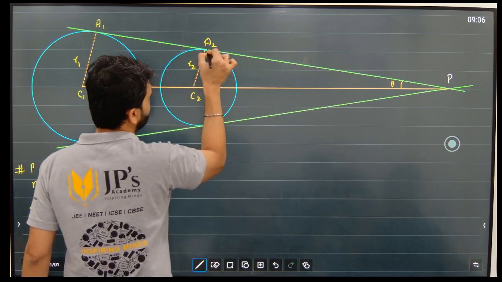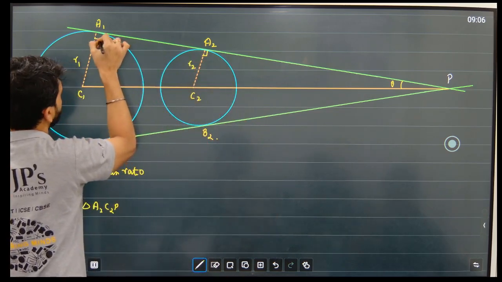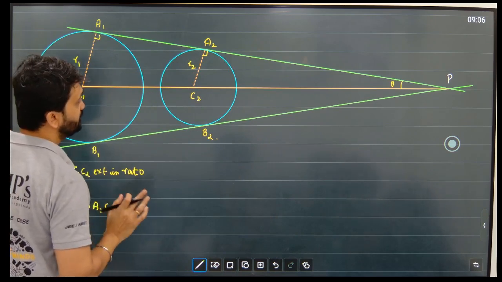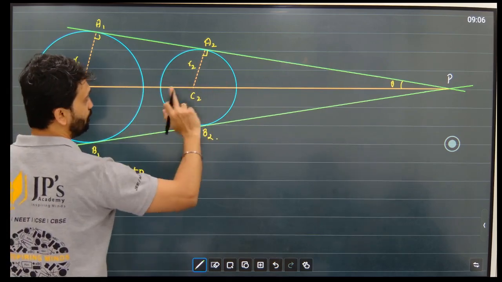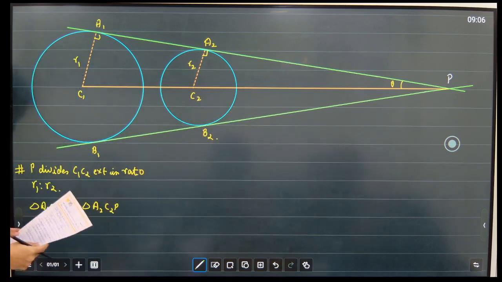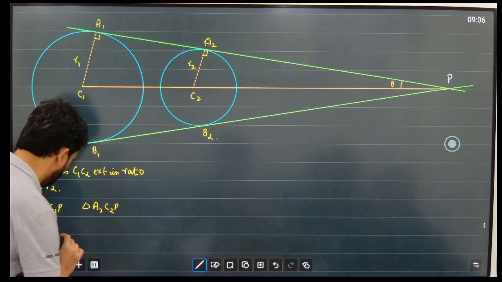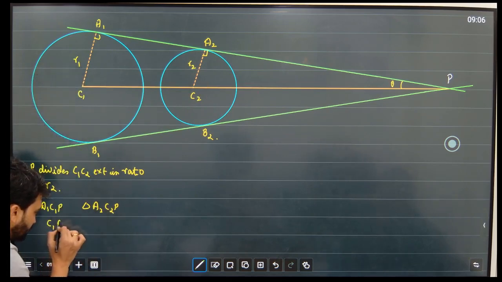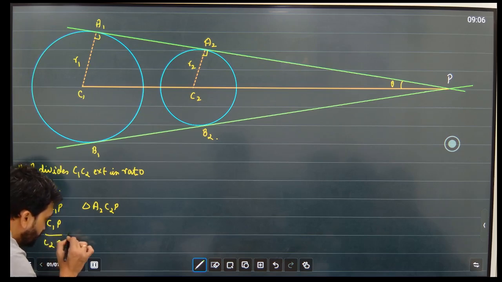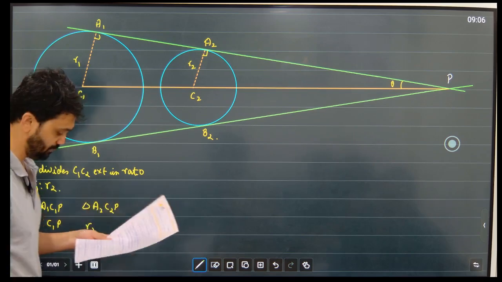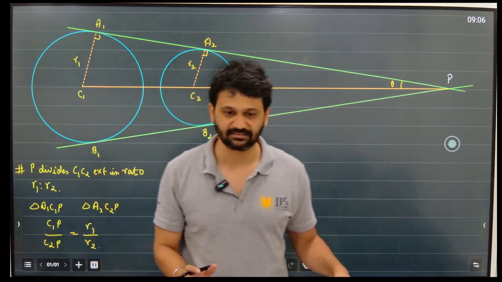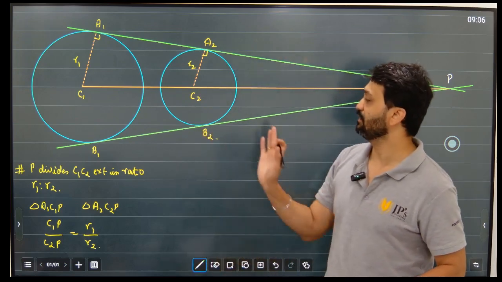So C1P upon C2P is equal to R1 upon R2. And this is what we have written, that it divides externally in the ratio R1 is to R2.